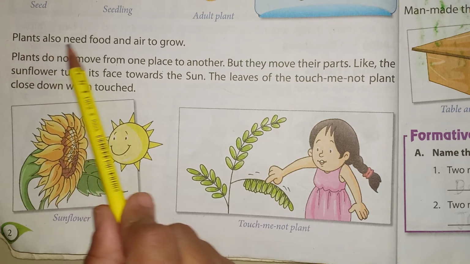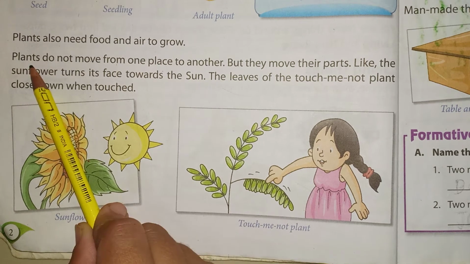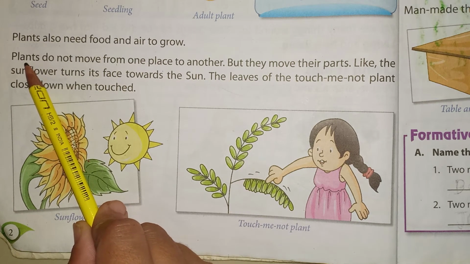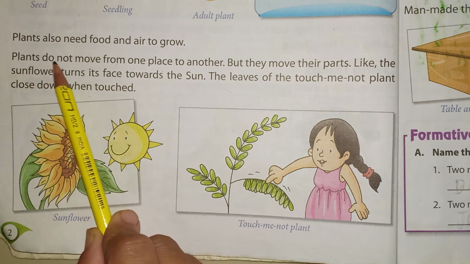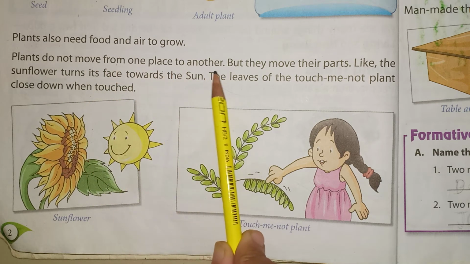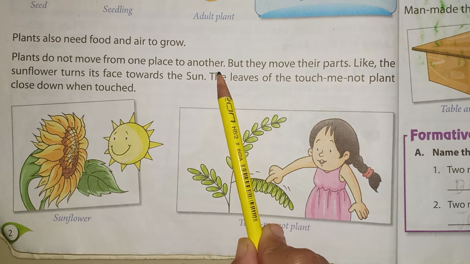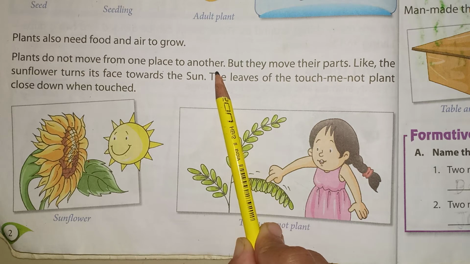Plants also need food and air to grow. Now, as I said, plants do not move from one place to another. Yes, this one character is not true for the plant. It cannot move from one place to another.